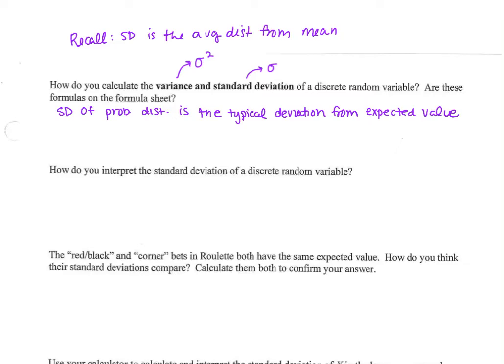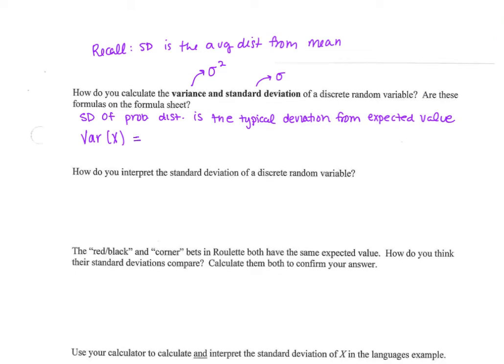Now, the formula for variance is on the formula sheet, but it's very complicated and rarely will you calculate this by hand. You will mostly rely on the calculator to do this. The way that it looks on your formula sheet is it'll say variance of x equals the sum of the distance from the middle you are squared times its probability.